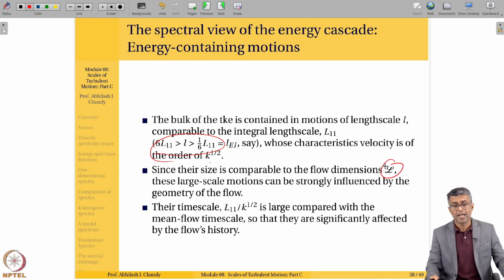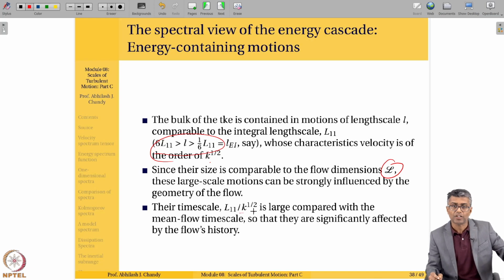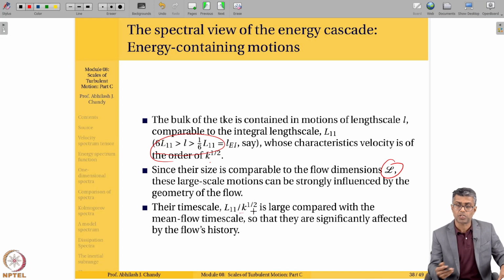All right. There is a time scale here as well, that integral time scale. That integral time scale scales with L11 over k to the half. Why? Because it is length over velocity, and velocity is k to the half, so it is L11 over k to the half. Now this is large compared to the mean flow time scale, because the mean flow time scale includes all the time scales, right?